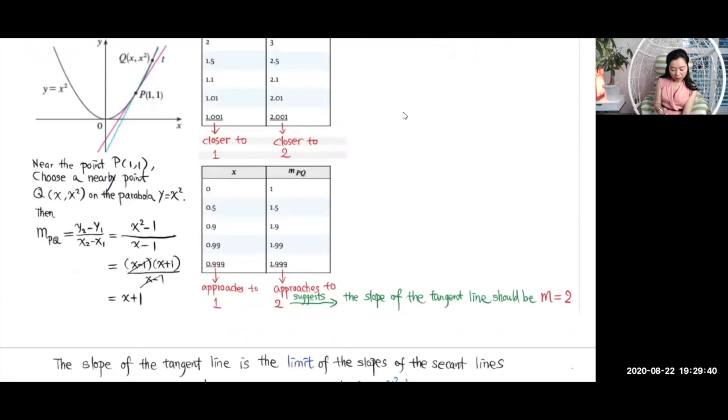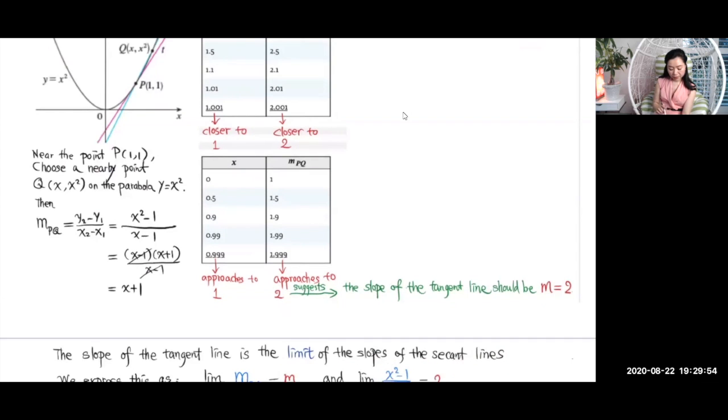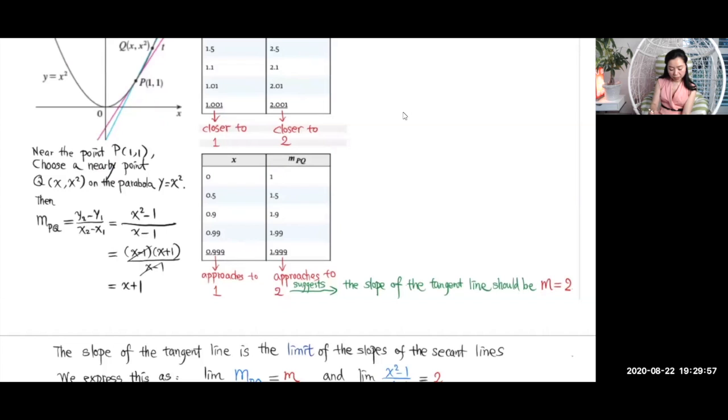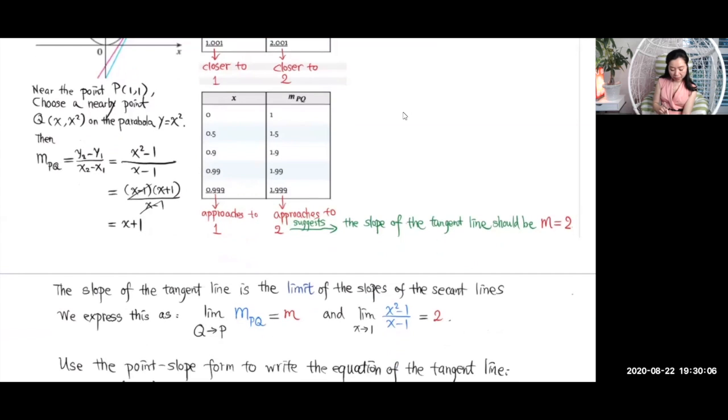So we say that the slope for the tangent line is the limit of the slope of the secant lines. So you take the limit of those slopes for the secant line, and that's the slope for the tangent line over here. To express this, you use this notation. And how do you read this?